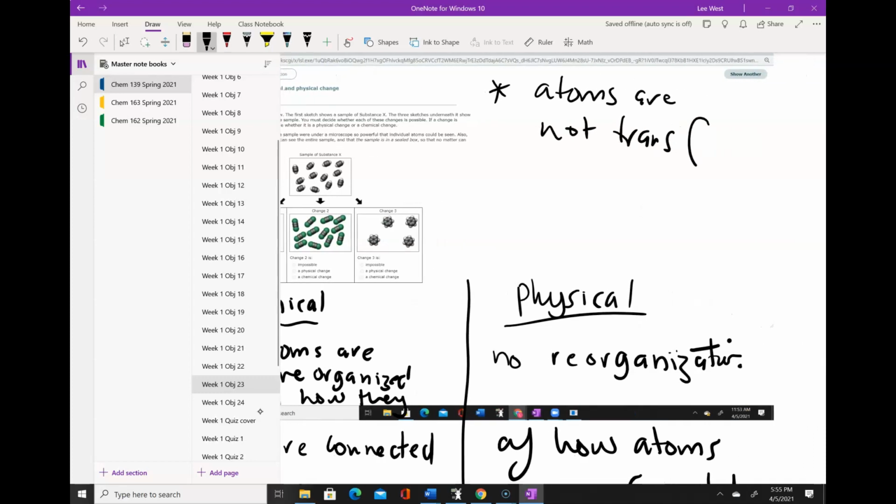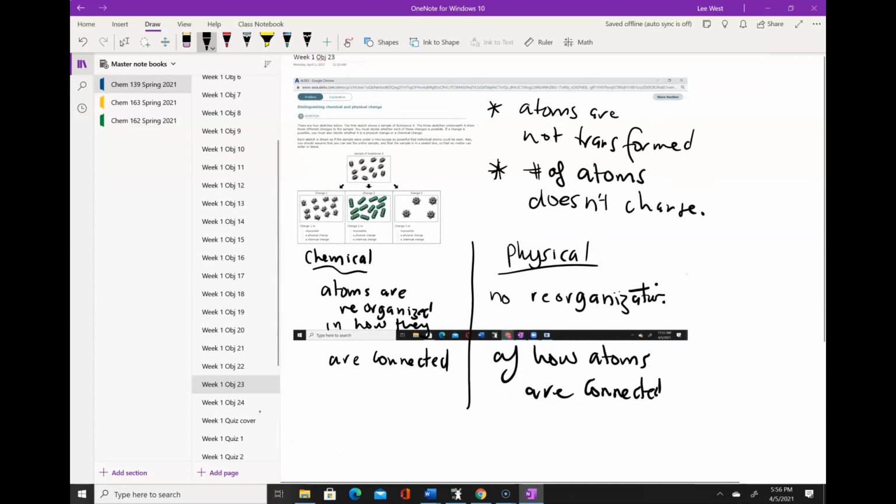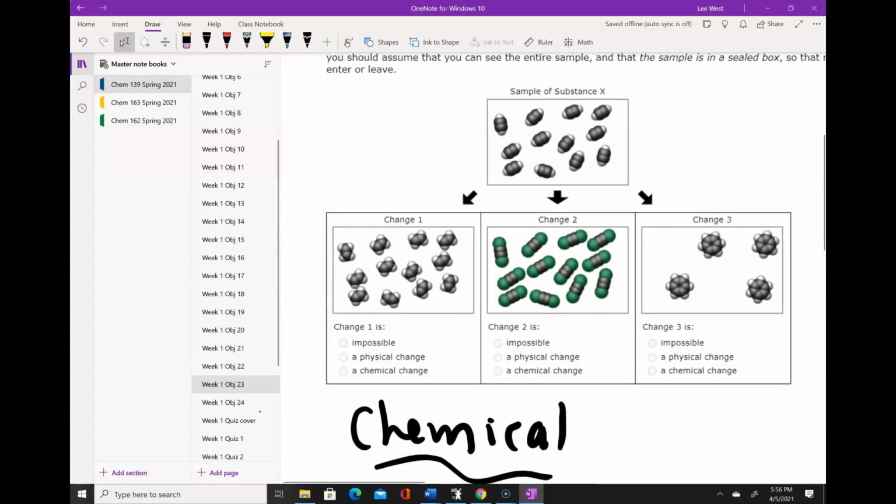So it is not possible to turn an atom of one type into an atom of another type. And the other thing is the number of atoms doesn't change, right? So I'll show you what I mean.